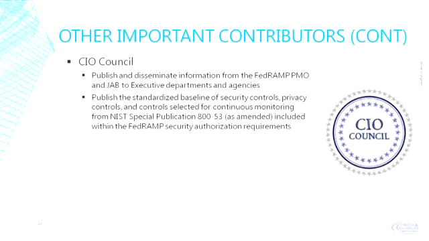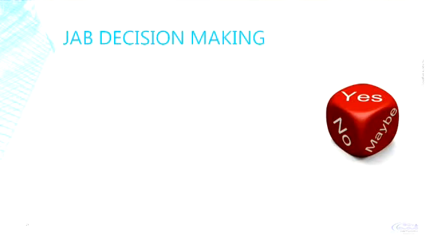They also will publish the standardized baseline of security controls, privacy controls, and the controls selected for continuous monitoring. They will coordinate the vetting of controls and requirements and publish all FedRAMP documents.